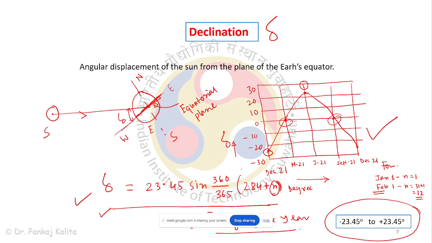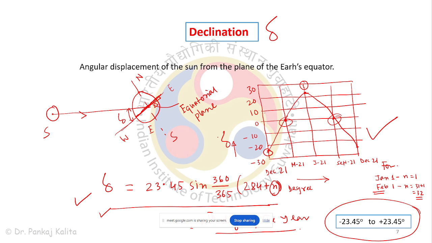We know that the earth is tilted on its axis. In terms of physical significance, the equinox, summer solstice and winter solstice that we see are due to this declination angle. It varies plus minus 23.45.